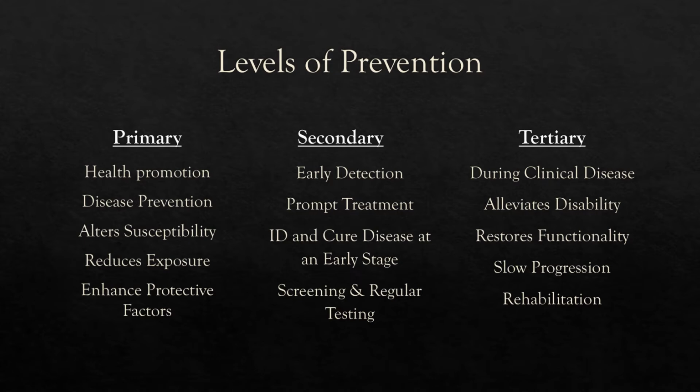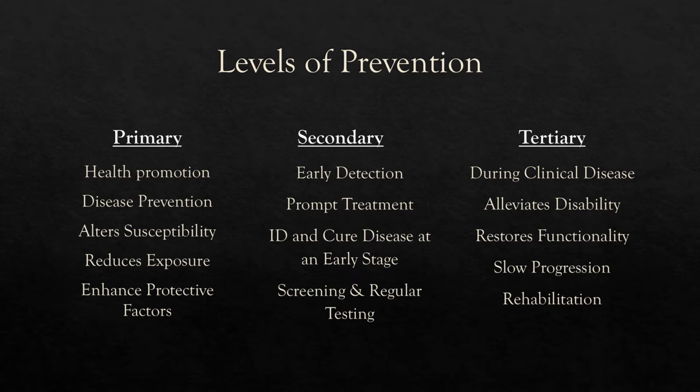getting medical treatment if I do have active disease would be another form of tertiary prevention. I'm preventing a worse outcome like death by seeking treatment for my active tuberculosis and preventing it from getting worse or affecting other body systems, my heart or my kidneys or my brain.